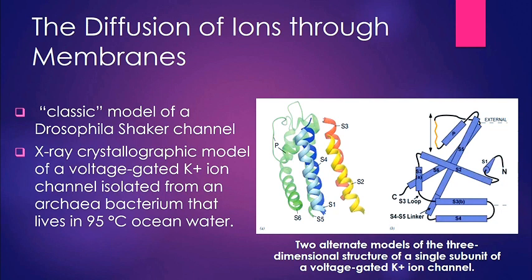The S5, P, S6 helices of the pore domain have the expected structure, but the S1 to S4 helices of the voltage sensing domain do not appear as conventional transmembrane helices. Rather than lying parallel to the helices of the pore domain, the S4 helices project from the edge of the protein into the lipid bilayer.